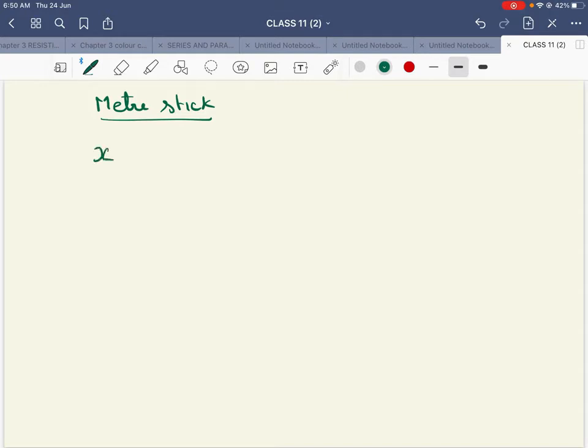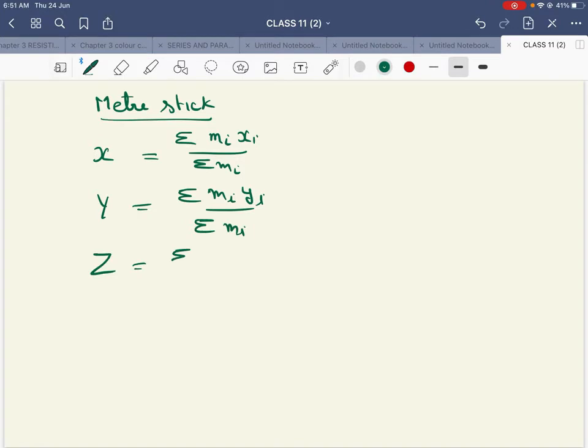That is, the x coordinate will be equal to sigma mi xi divided by the total mass. Similarly, the y coordinate is sigma mi yi divided by sigma mi, and the z coordinate is equal to summation mi zi divided by sigma mi, that is the total mass.